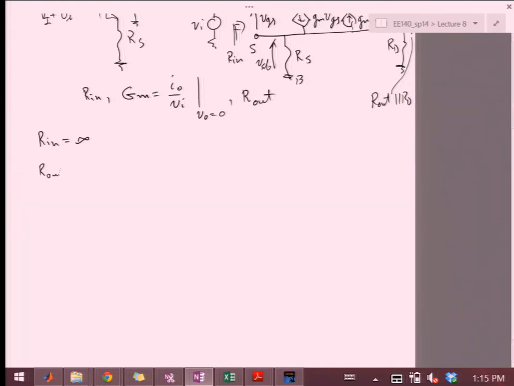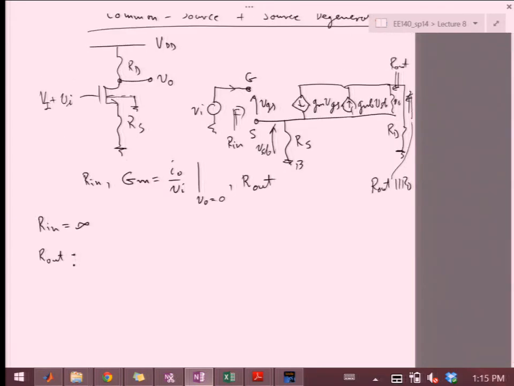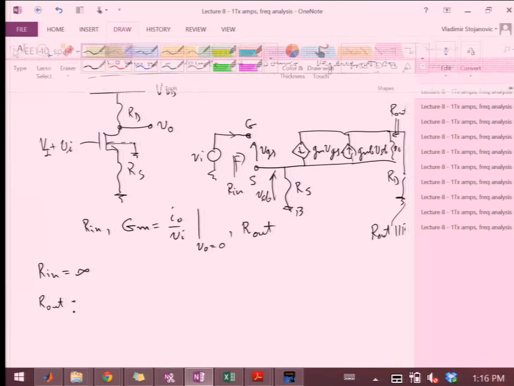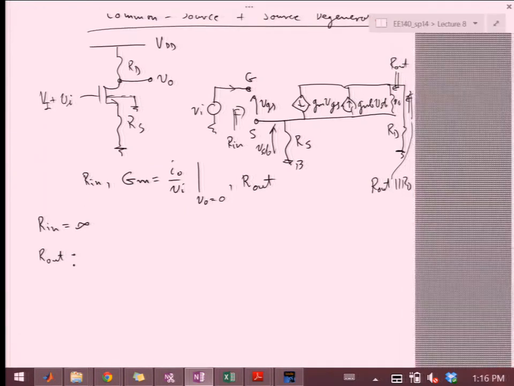Now, for R out, you may notice that we're looking from this side over here, right? So when we're looking from this side, we have to null this independent source. So the topology looks very similar to something that we've already done. Which topology is that? So the gate will be grounded, right?